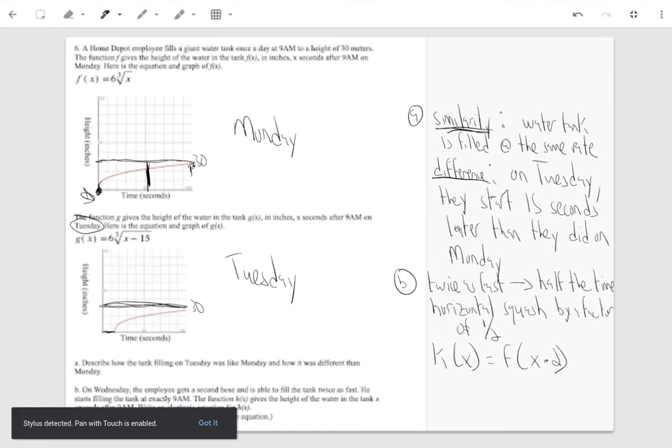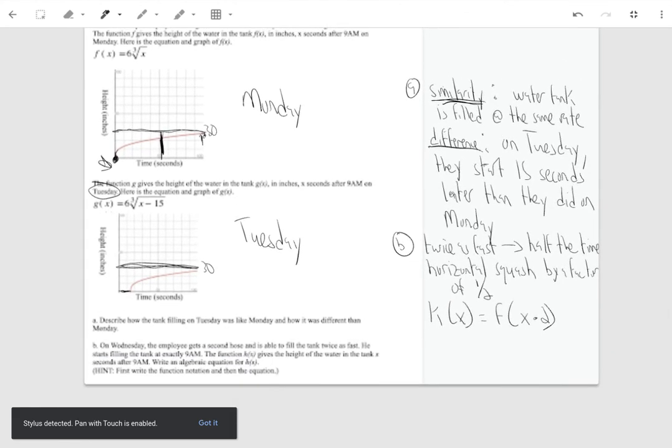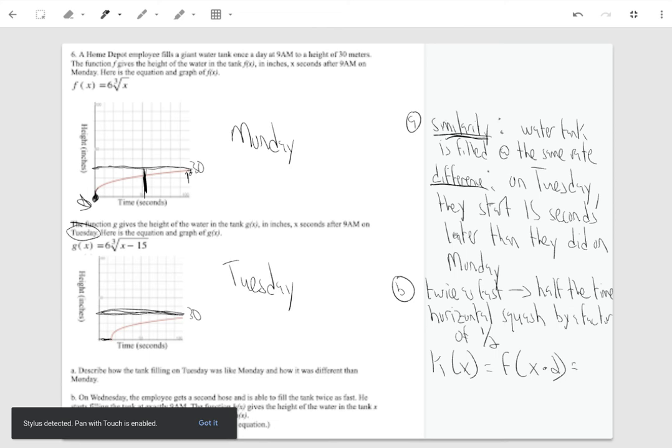So first write the function notation and then the equation. Now to make this a little easier, I'm going to rewrite this. I'm going to just switch the order and make this f of 2x. Switching the order doesn't change it. So in order to write the equation, I'm going to take my equation of f of x and replace x with 2x.